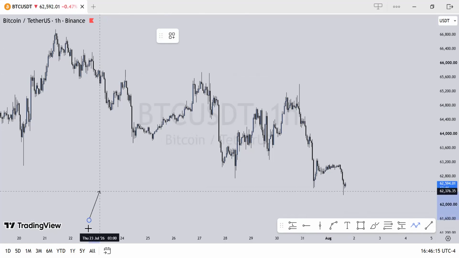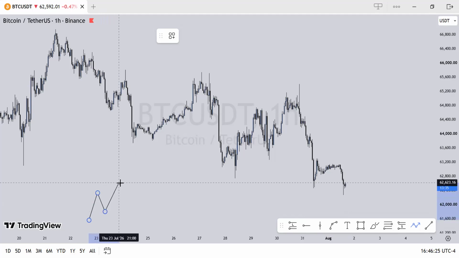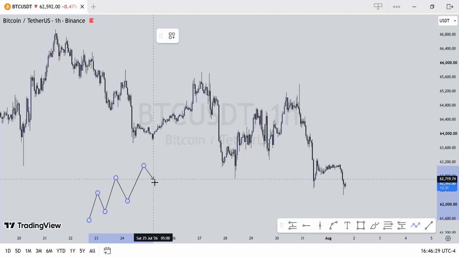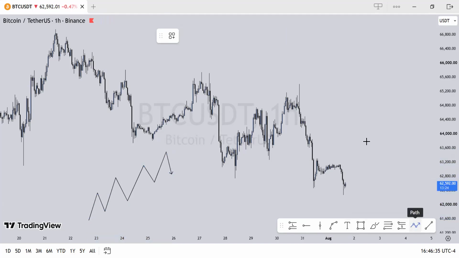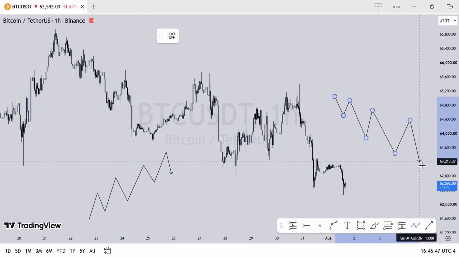If it's a bullish market, it comes from a low to a high, to a higher low, to a higher high, higher low, higher high, and so on. In a bearish market, we're going to see and expect the market coming from a high to a low, lower high, lower low, lower high, lower low, lower high, and so on and so forth.